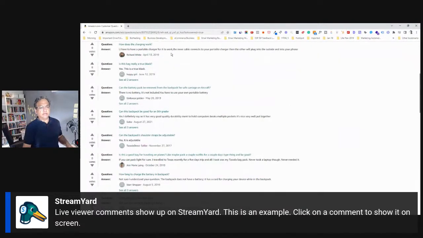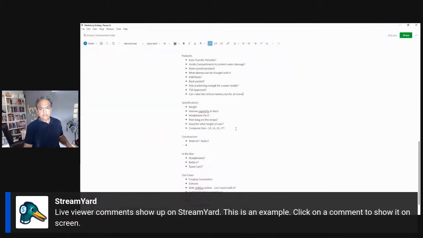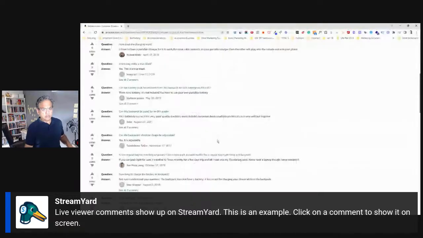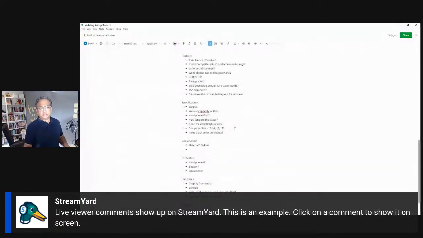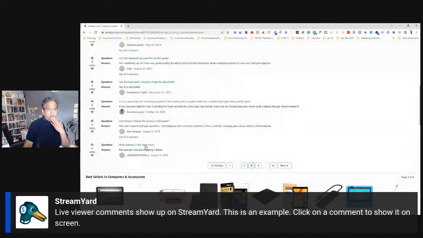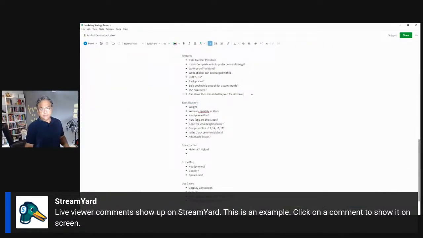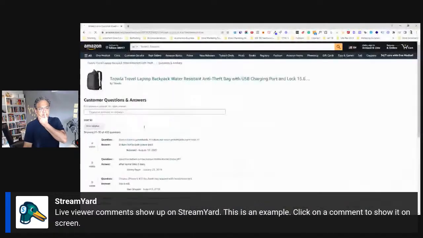Does it have a battery? Is the back true black? Adjustable straps. We've already covered this though. There's a whole bunch of questions about the battery and backup. How long does it take to charge? Traveling on planes, does it have a power bank?